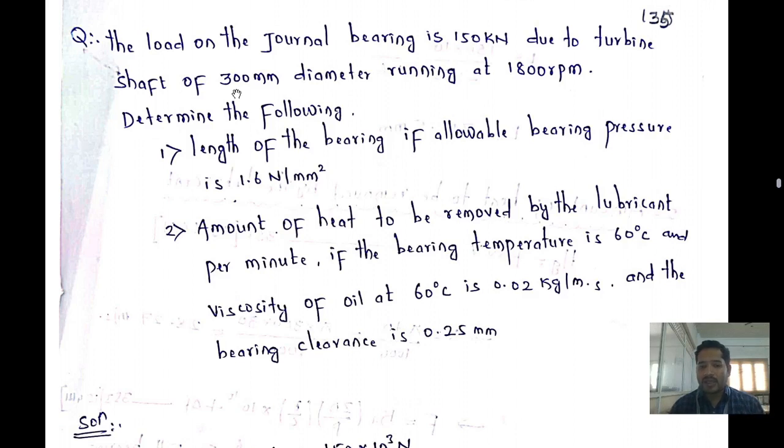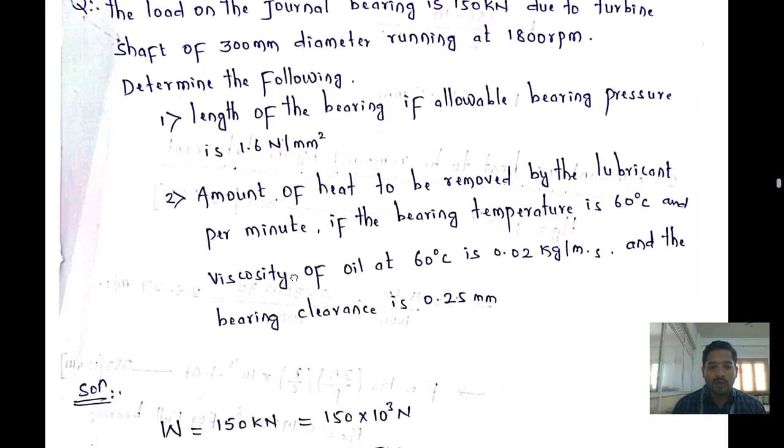And the second thing is we need to find out the amount of heat to be removed by the lubricant per minute, if the bearing temperature is 60 degrees Celsius, and the viscosity of the oil at a temperature of 60 degrees Celsius is given as 0.02 kg per meter per second, and the bearing clearance is given as 0.25 mm.